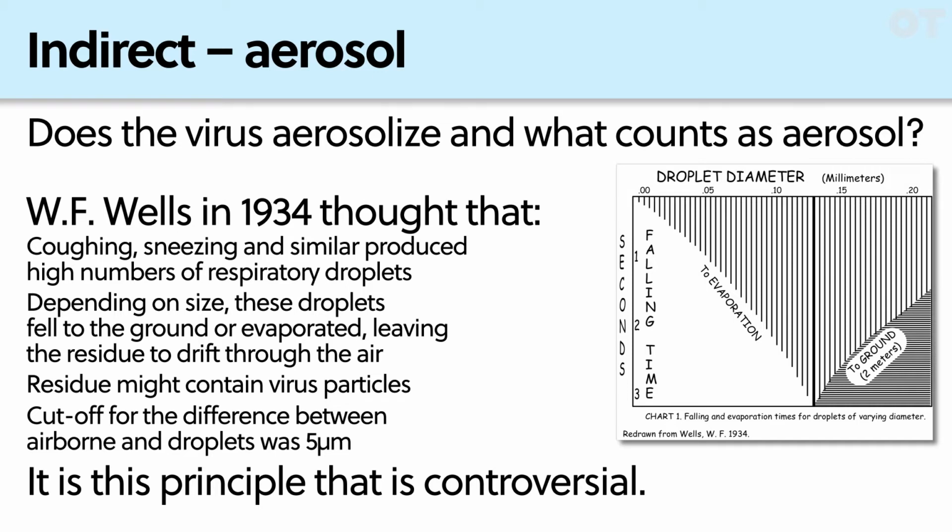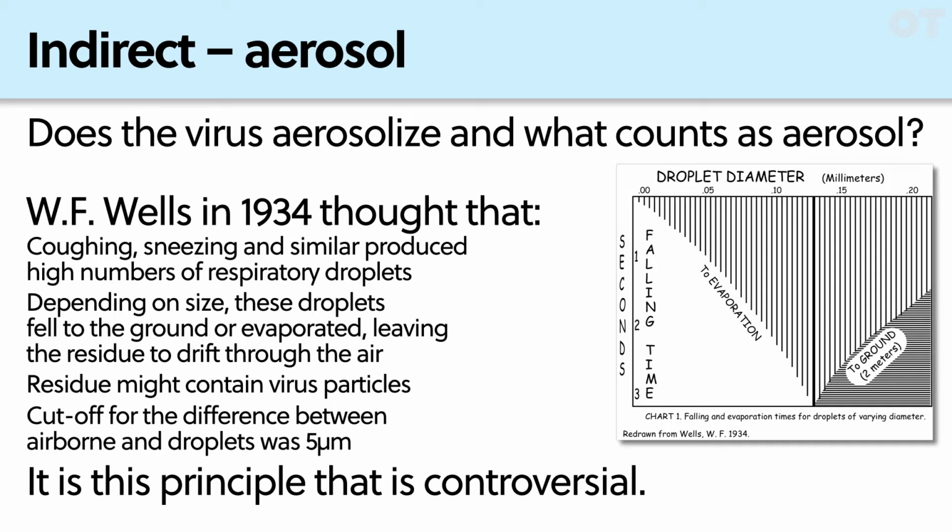So aerosol-based transmission was originally taken as not very likely. We thought that SARS-CoV was just large droplets and that they fell to the ground relatively quickly. But a number of experts are now disputing that and disputing the basis for what classes as an aerosol or doesn't class as an aerosol. The original work on when particles were considered to be aerosols is based around some work by Wells from 1934.